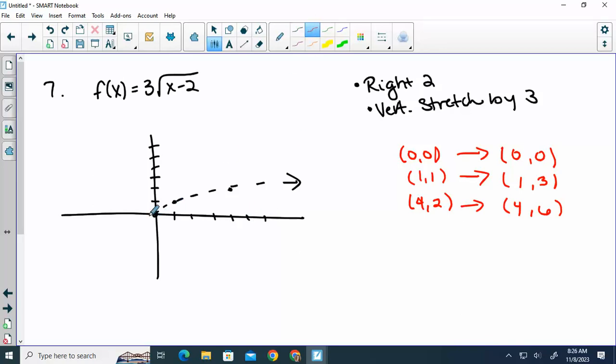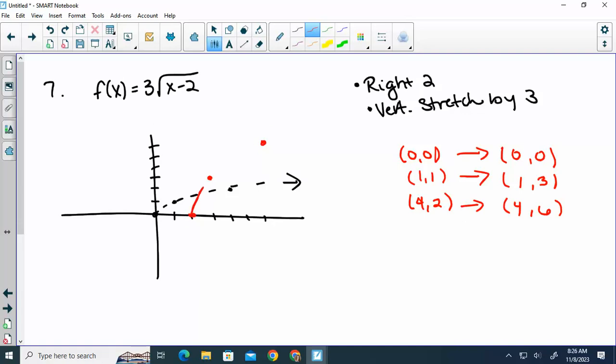So 0, 0 would stay right here, but then I have to move it right 2. 1, 1 would turn into 1, 3, but then right 2. 4, 2 would turn into 4, 6, and then go right 2.